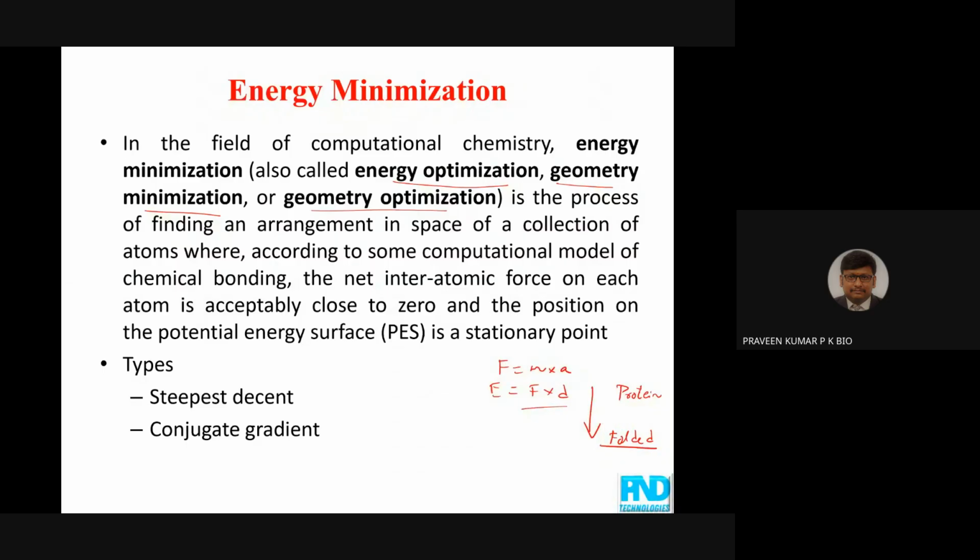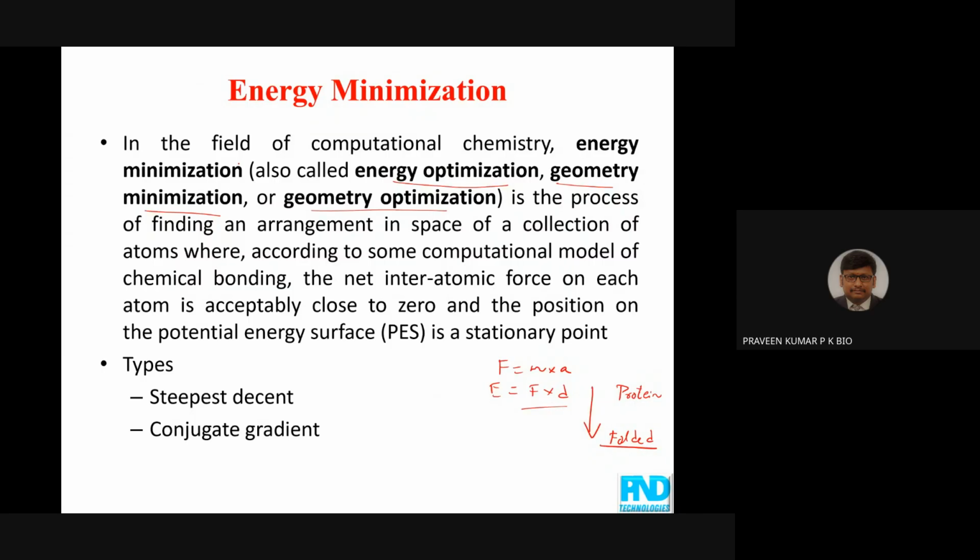One thing you have to remember: if you do docking, modeling, or simulation, in all these applications we are using these concepts, that is, calculating force fields and immediately applying the energy minimization.